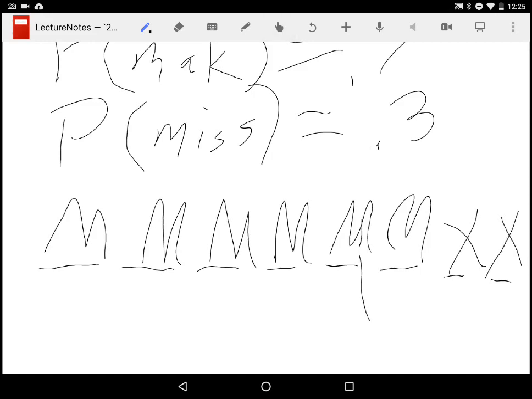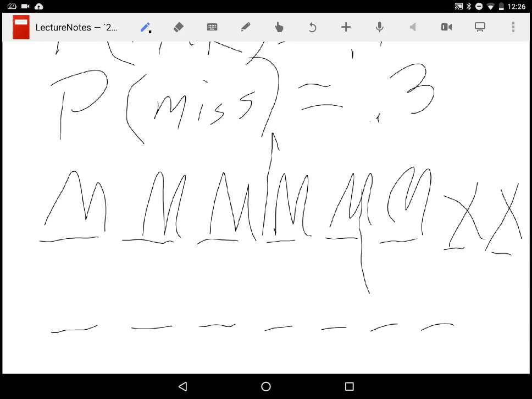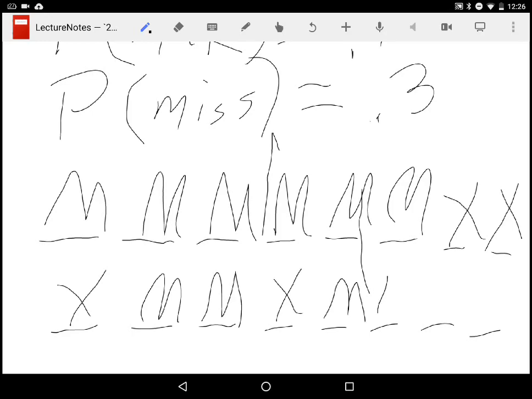Another possibility is that he misses the first one, makes the second one, the third one, misses the fourth one, and makes the last 4.